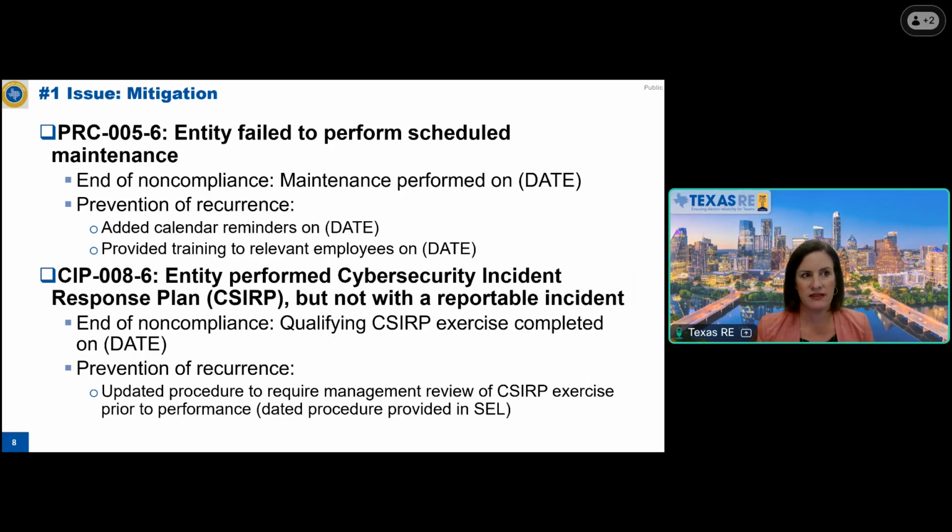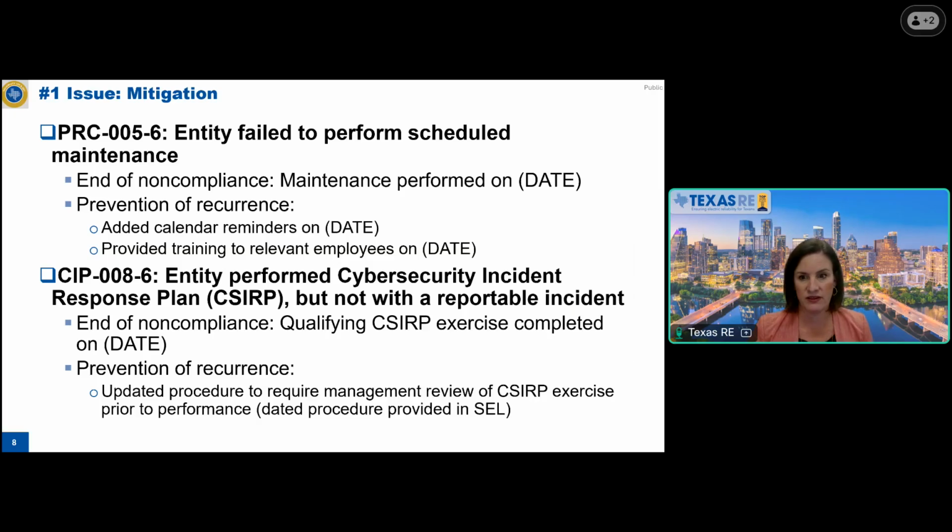Here's some more examples. Here's a PRC-005-6, entity failed to perform scheduled maintenance. The first bucket, the end of noncompliance, you would need to put in maintenance performed and give us the date. That's the date that you ended the noncompliance, and that's always a very important date for us to have. The second bucket, prevention of recurrence, maybe something like added calendar reminders.